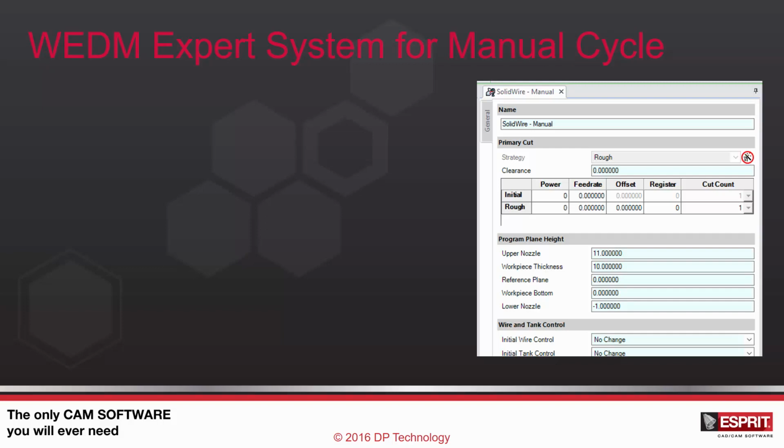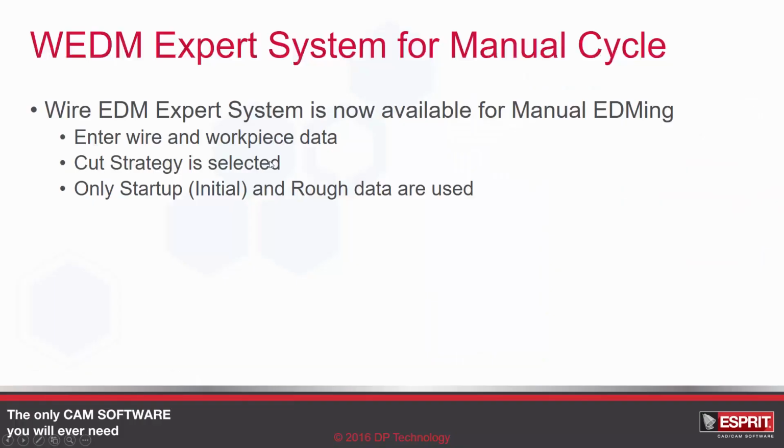But prior to this, all of our cycles enabled the Wire EDM ESPRIT system with the exception of the manual cycle. So the workflow is very similar to using the Wire EDM ESPRIT system for any of the other operation types. Basically, you simply enter the wire and workpiece data.